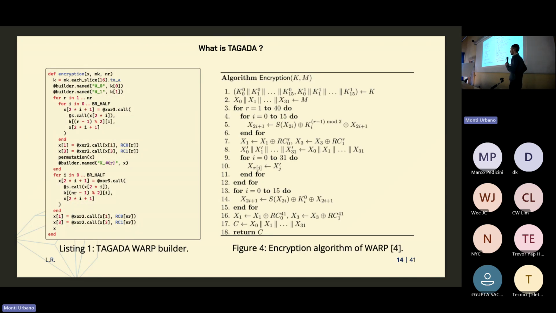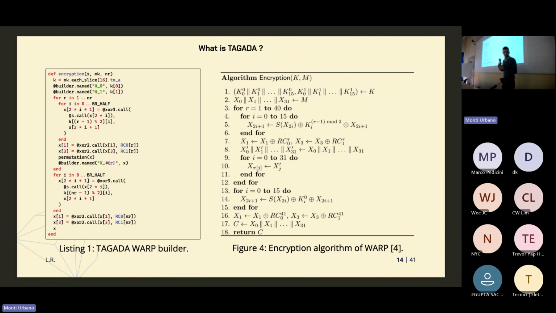For example, on the right part, you have the specification of WARP. You have the computation of the key schedule on the first row. You can see that, in fact, you only split the key into two parts.